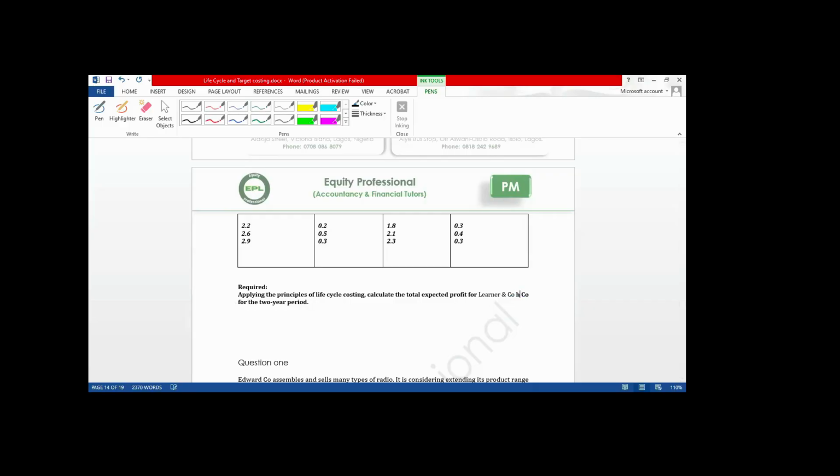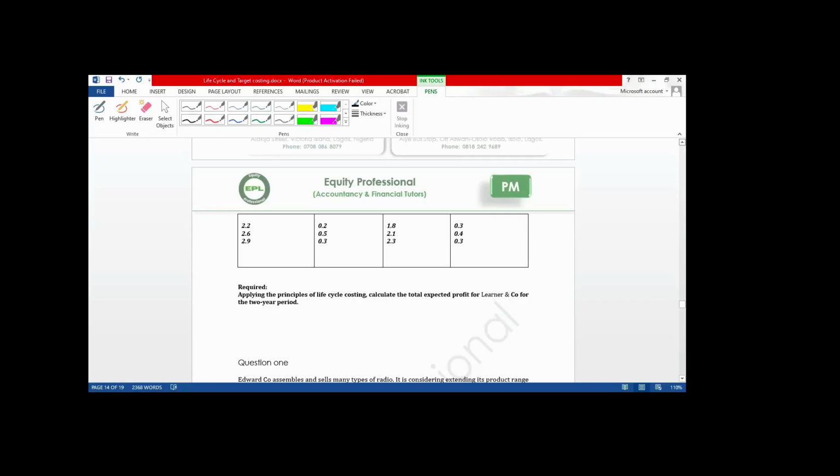Now this question is largely direct. I want to determine the total expected profits using life cycle. That means you are going to get your revenue for the whole life cycle and get your cost for the whole life cycle.